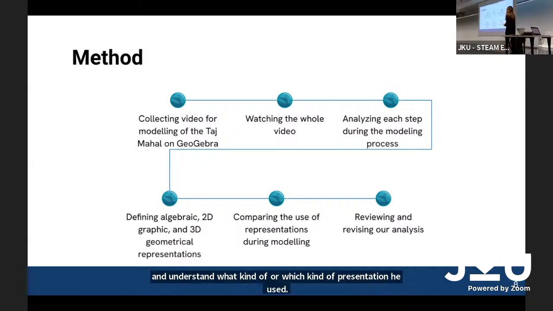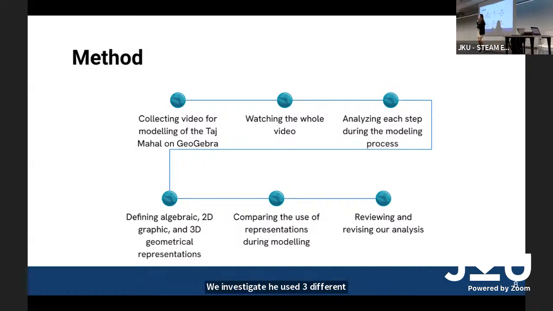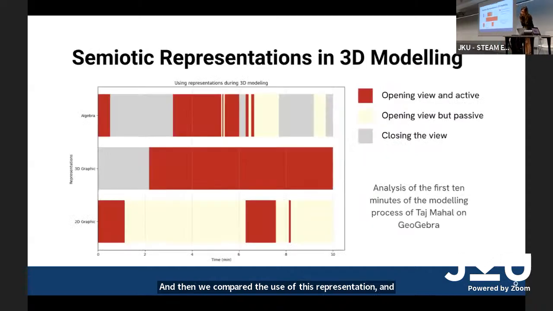We investigated that he used three different representations: algebraic, 3D graphic, and 2D graphic and 3D geometrical representation. Actually, in GeoGebra, we can use lots of representations or views, but in this subject, to construct the Taj Mahal on GeoGebra, our expert chose and used three of them. And then we compare the use of these representations, reviewing and revising our analysis again and again.